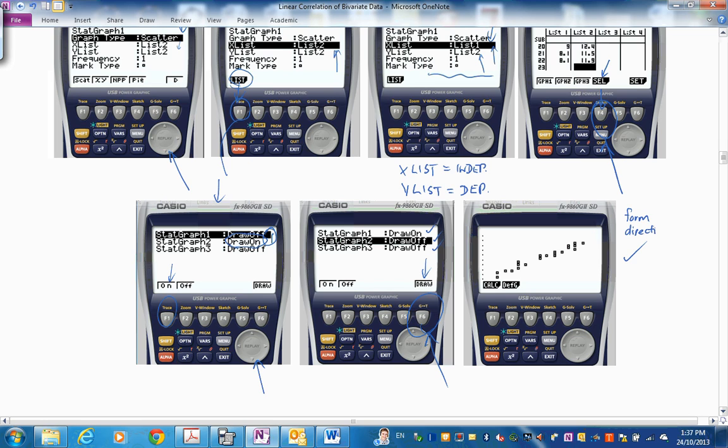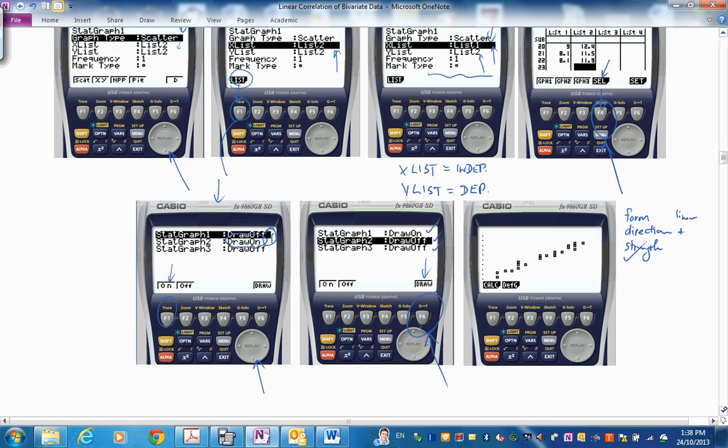Direction: yes, as one increases, the other increases, so it's positive. These are the answers to these questions. And then strength: how close to the linear form is it? Pretty tight, but we still want to develop some number or statistic we can calculate to actually indicate that strength.